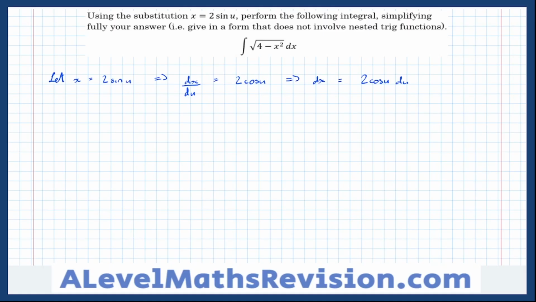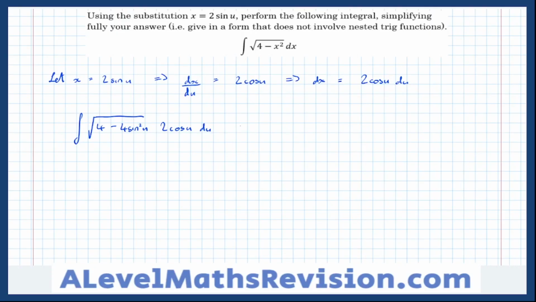So now, doing the integral, replacing everything we can in the integral there, we've got the integral of the square root of 4 minus, so x is 2 sine u, so x squared must be 4 sine squared u. And instead of dx, we're going to write 2 cos u du, like that. So we've got that so far.